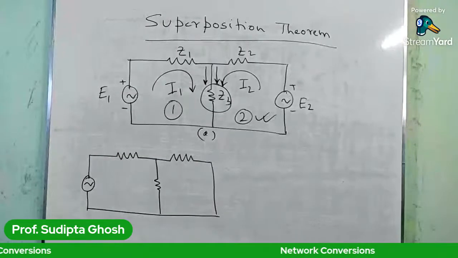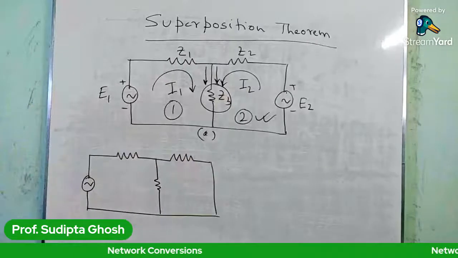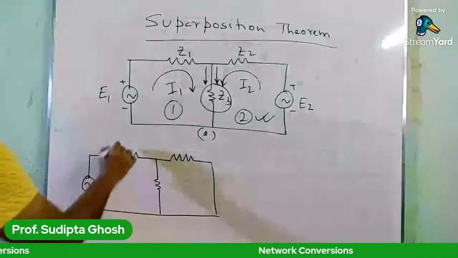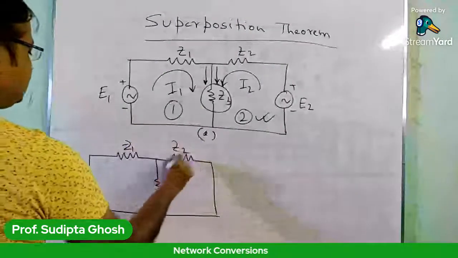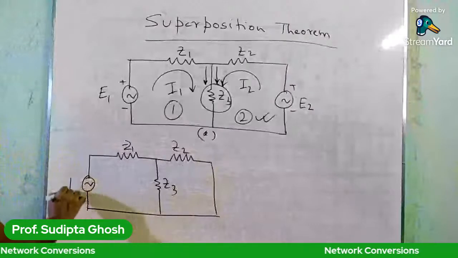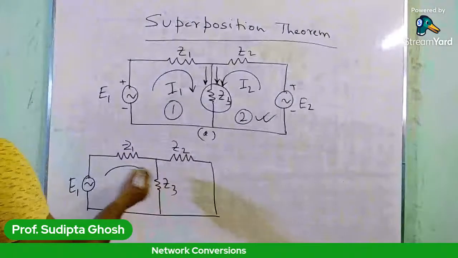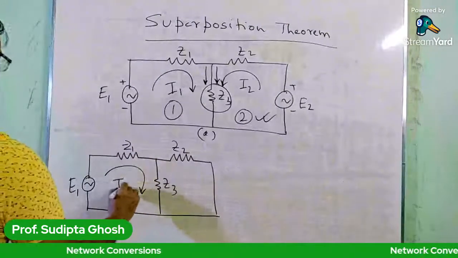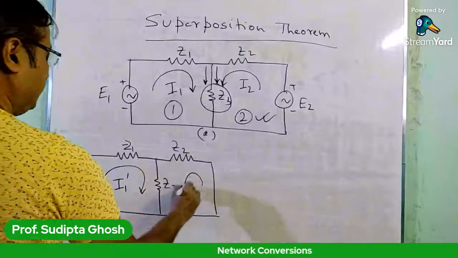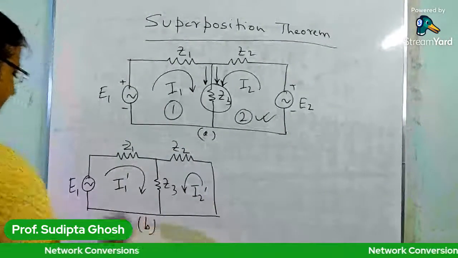So here E2 is short circuited, and we have Z1, Z2, Z3. The energy source E1 is remaining here, and we write the current values as I1 dash and I2 dash. So these are the different values, and this is figure B.